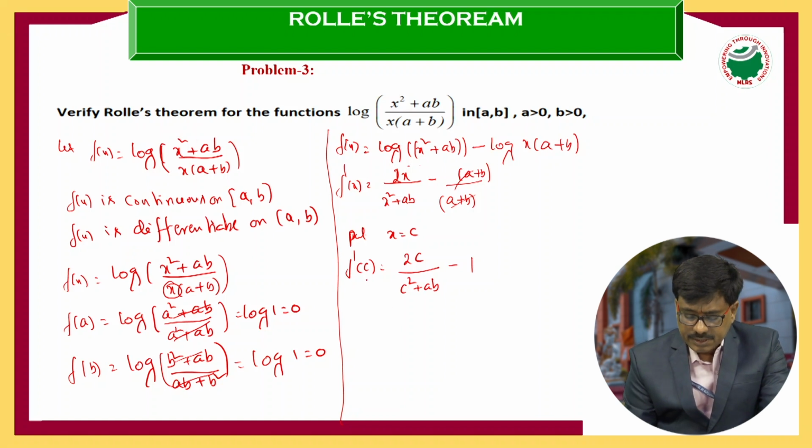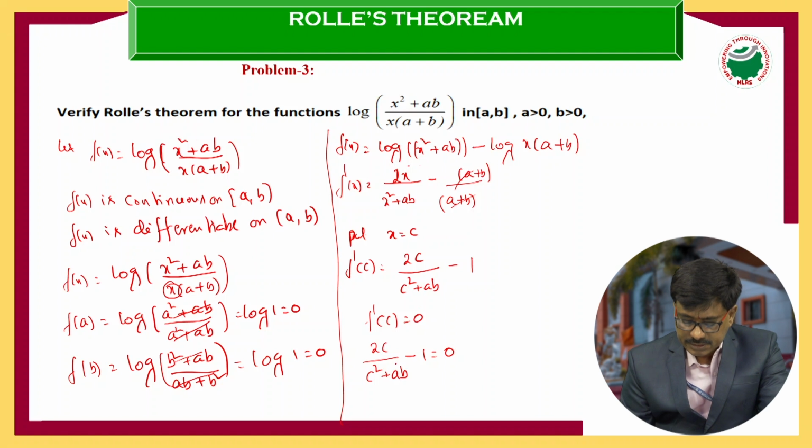Then f dash of c value is how much? F dash of c equal to 0, which is nothing but 2c divided by c square plus ab minus 1 equal to 0. X square derivative is 2x, ab inner derivative of the function.